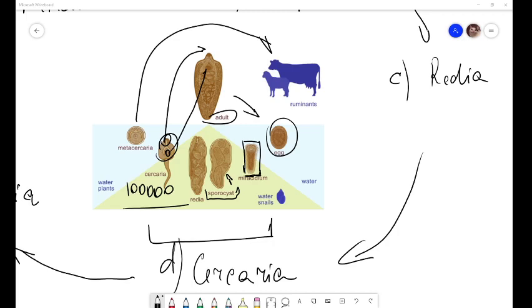Okay, and what is the diagnosis? First of all, you can find eggs of Fasciola hepatica in feces, by testing the feces for eggs.